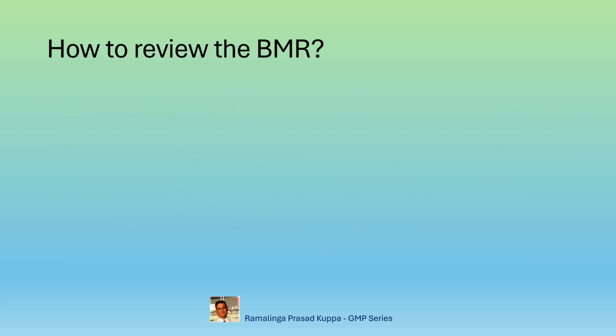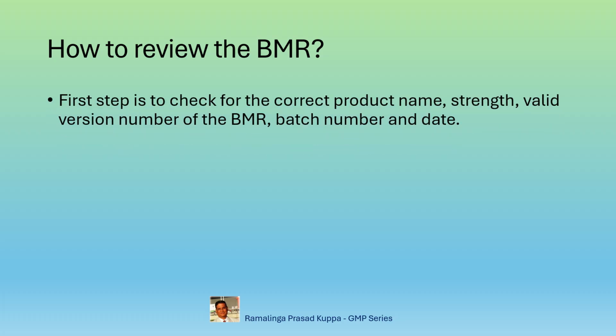Let us see how to review the BMR. First step is to check for the correct product name, strength, valid version number of the BMR, batch number, and date. This is the first step.